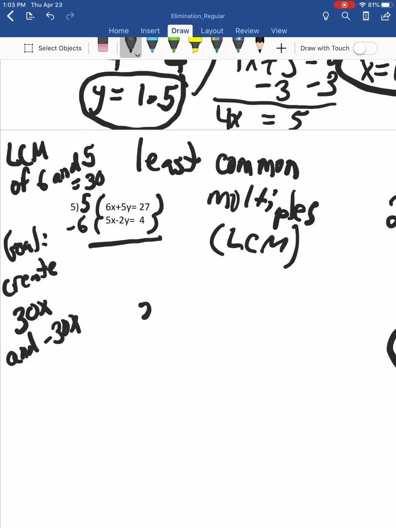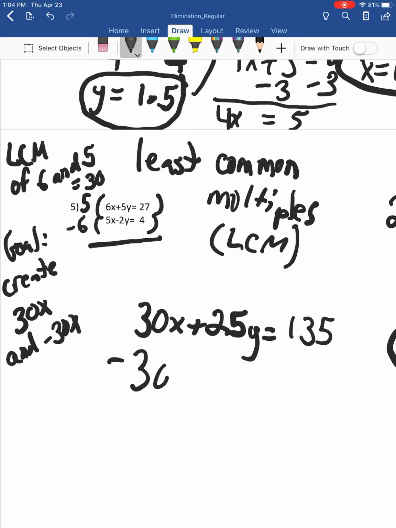So the new top is going to be 30x plus 25y equals 135. The new bottom, -30x plus 12y equals negative 24.